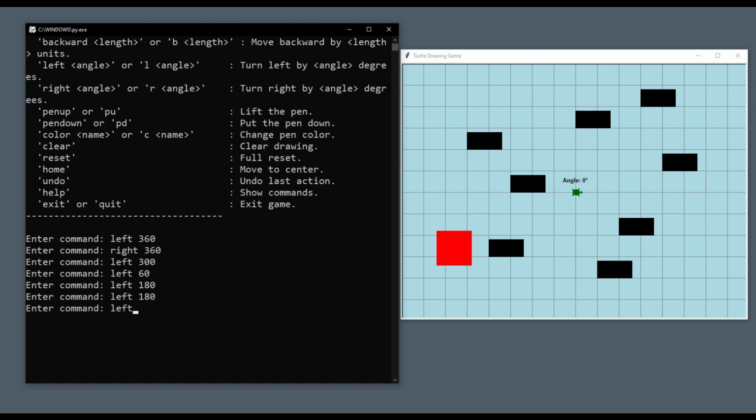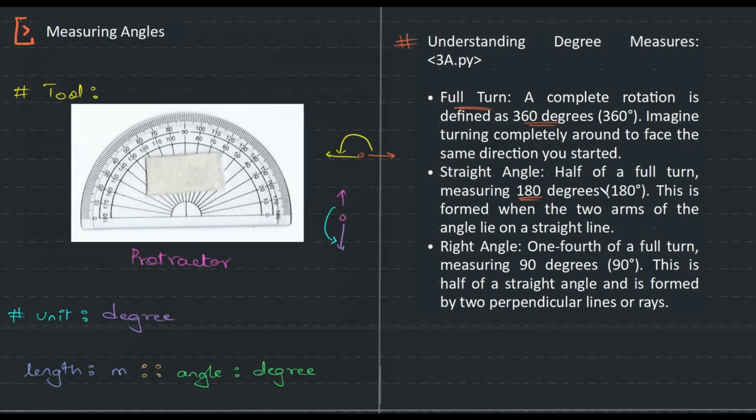Of course, it's not just about left and right. It can be any direction. Now it's pointing towards the right side, right up. Let's make it turn 180 degrees. So now it's pointing left bottom, completely opposite of wherever it was pointing. So that would be your straight angle, half of a full turn, measuring 180 degrees.